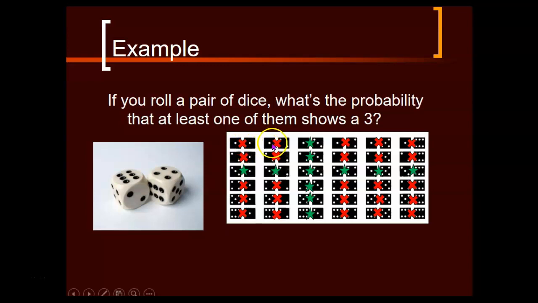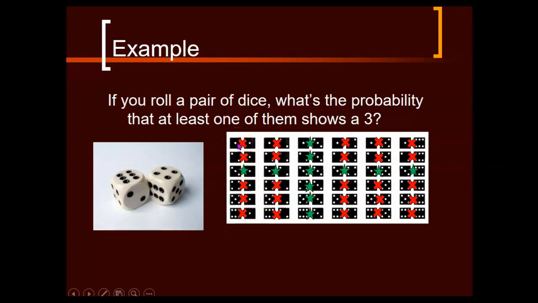And there's 1, 2, 3, 4, 5, 6, 7, 8, 9, 10, 11, 12, 13, 14, 15, 16, 17, 18, 19, 20, 21, 22, 23, 24, 25 ways that could happen. Notice that comes from 5 times 5.